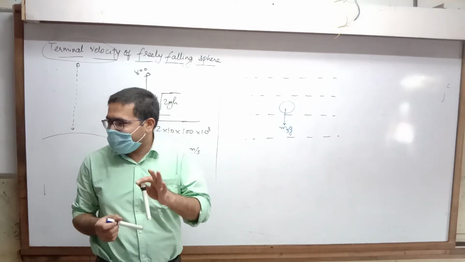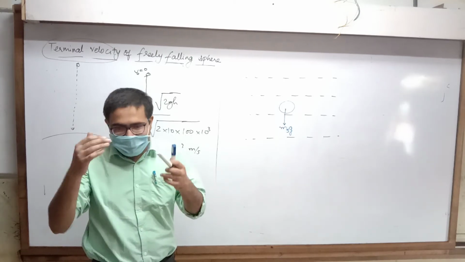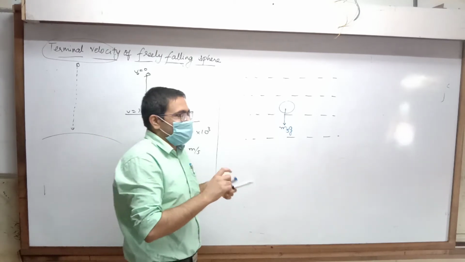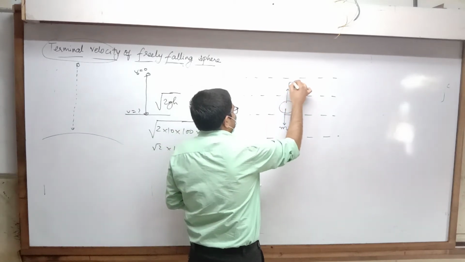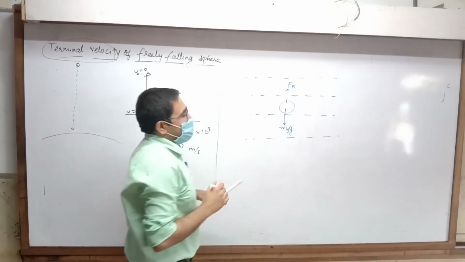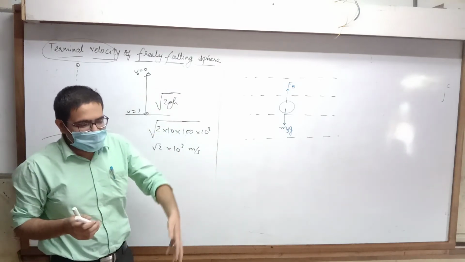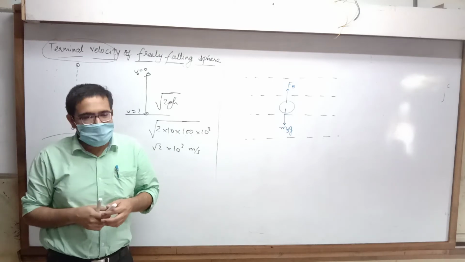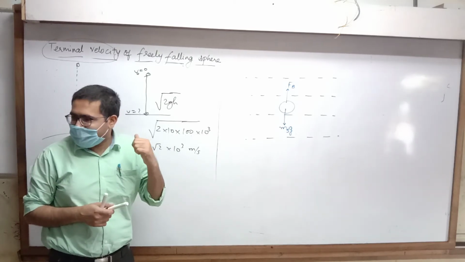Buoyant force. Correct? There would definitely be a buoyant force because it is inside the fluid. Buoyant force will act in which direction? FB. Any other force? As it falls down, will there be any other force? There will be viscous force. That's what we just mentioned, right?